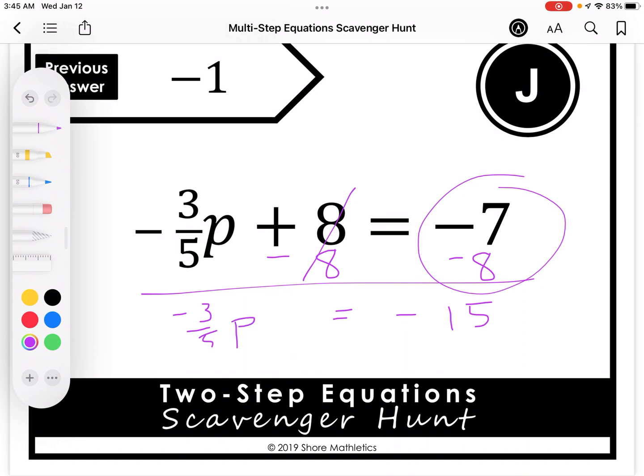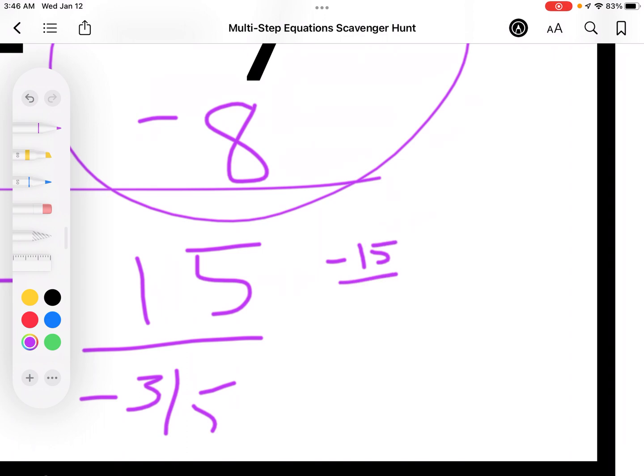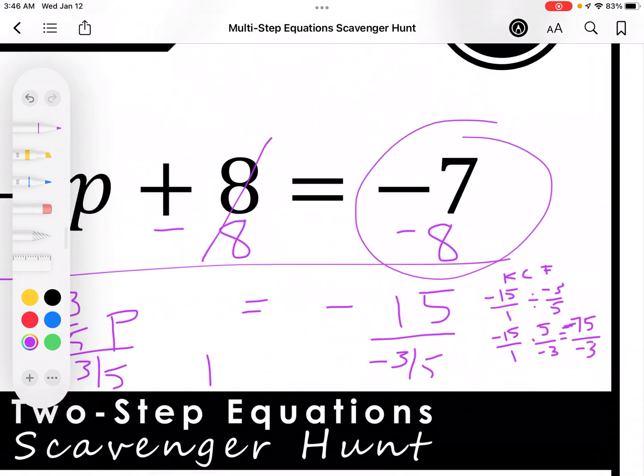The opposite is to divide by negative 3/5. Oh, I've got too many negative signs. There we go. Negative divided by negative is going to make a positive. So p equals 25.